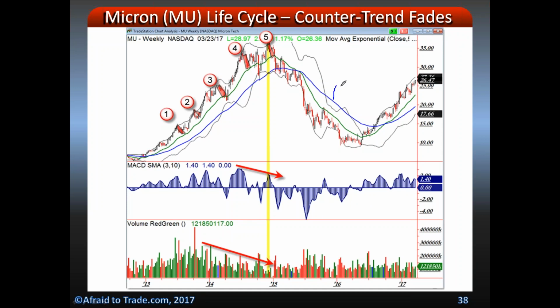But a trend, by Elliott, by Wyckoff, and by everybody who talks about Dow, is going to have swings and waves. So when you're in a market that's overextended, let's look at this. Go back in your own time, on your own charts, and look at Micron in 2014.